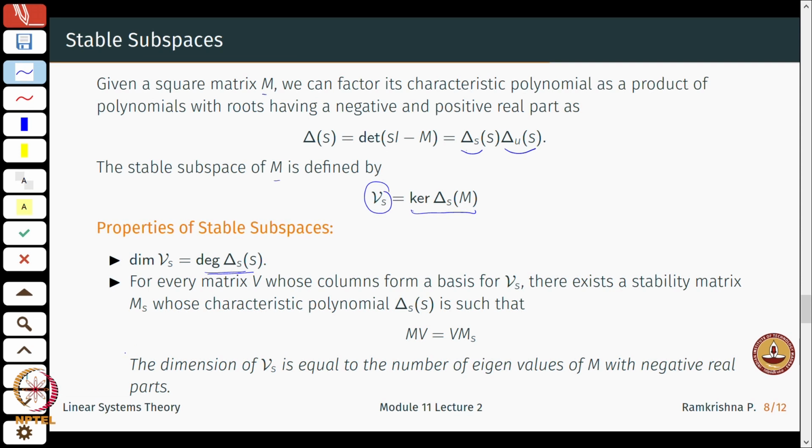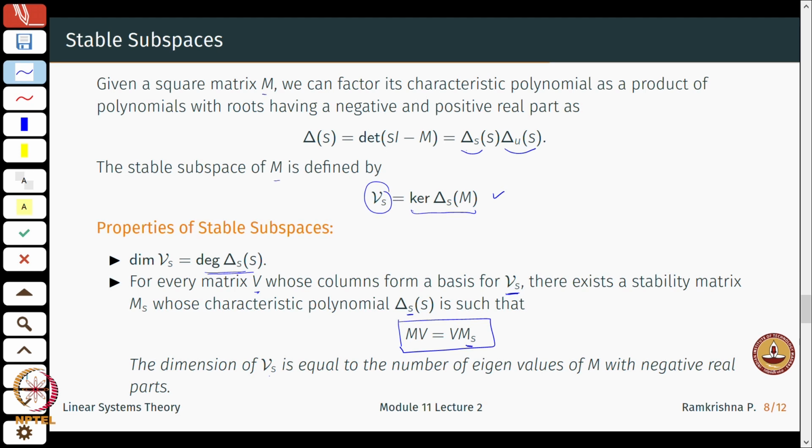Now, in addition, for every matrix V whose columns form a basis for V_S, the stable subspace, there exists a stability matrix M_S whose characteristic polynomial delta_S is such that this relation holds. Something similar to the controllable decomposition that we did. Now, what does this mean?